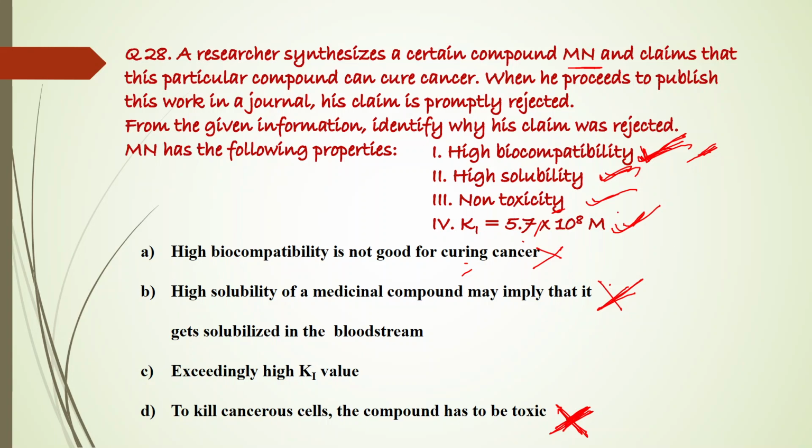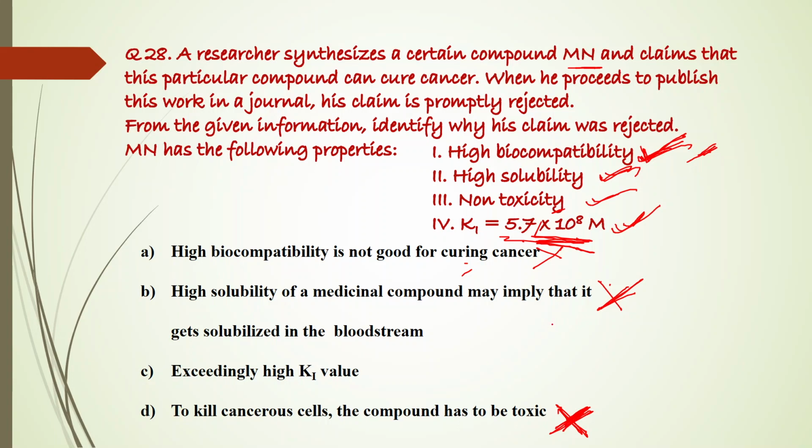The only point that remains is the Ki value. So what is the problem with the Ki value? If we look at it, the Ki value is 5.7 into 10 to the power 8 molar. That is an extremely high value. And what did we discuss about Ki value?